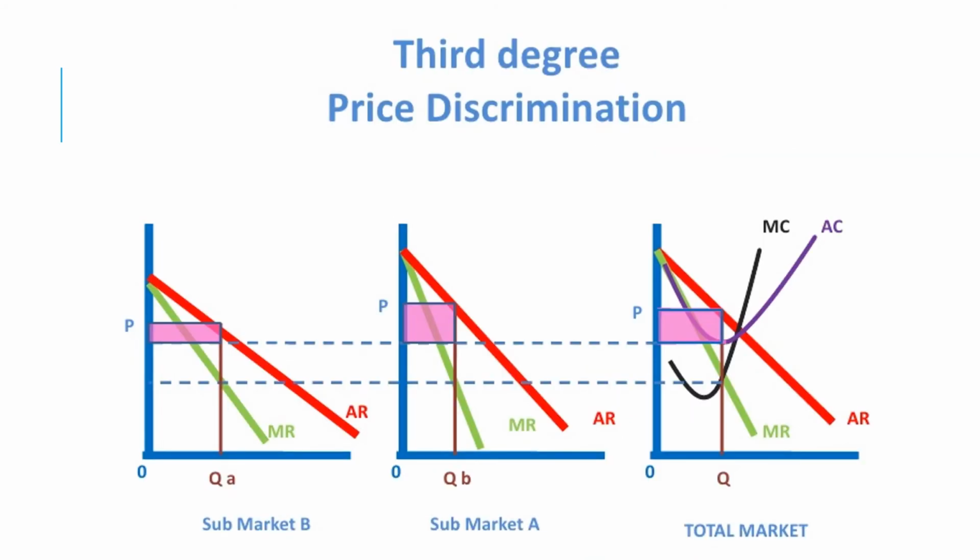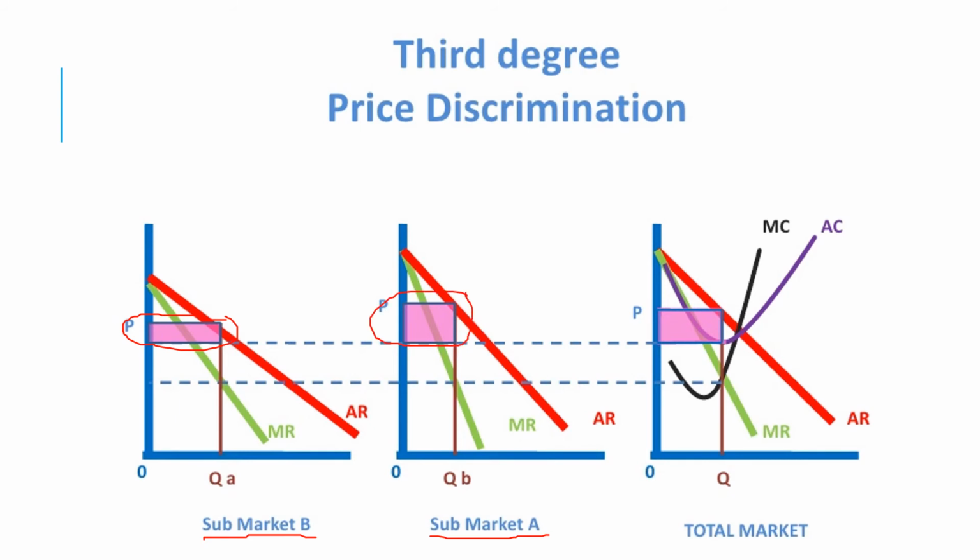Here is a similar example. We have a more price elastic submarket B, a more price inelastic submarket A, and we can see out of submarket B we make quite a small profit, and submarket A we make quite a large profit.